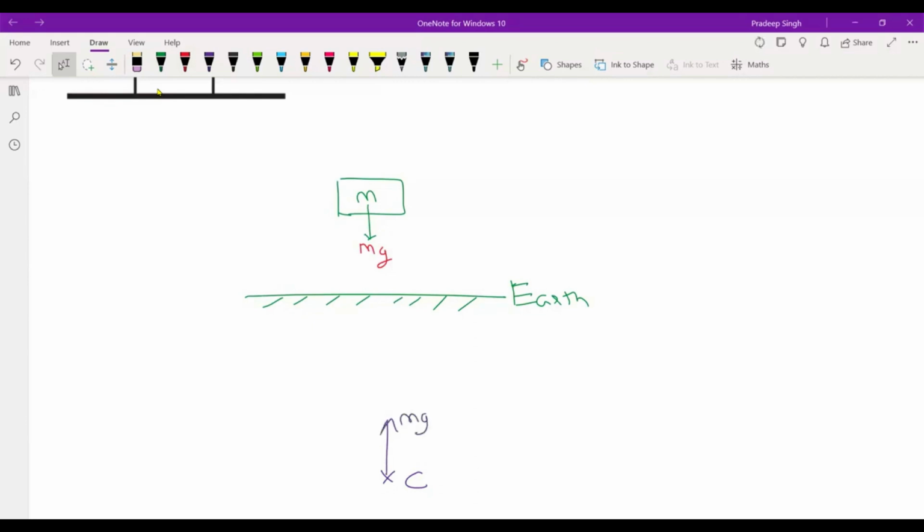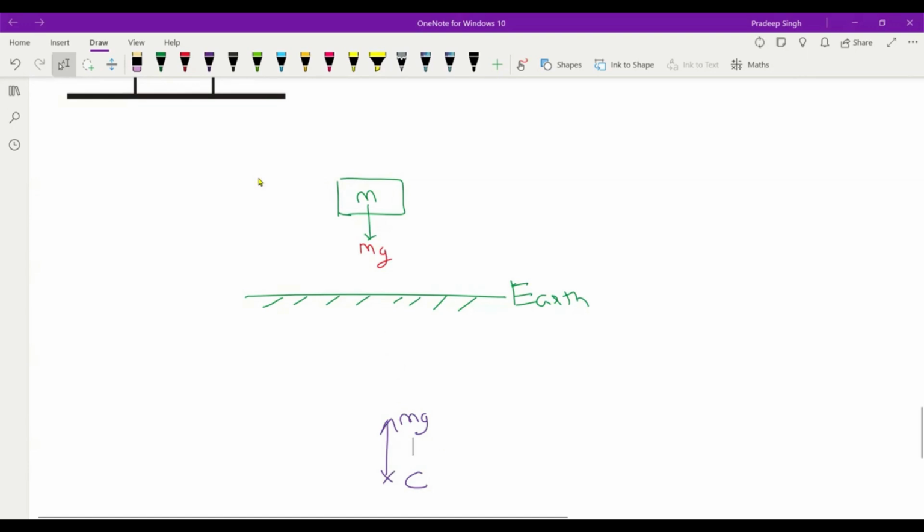So Ahan, let me explain. The block is being pulled by the center of the earth, right? Yeah. And that is this force mg. According to Newton's third law, now the block is also going to pull the center of the earth by the same force mg acting in the opposite direction.